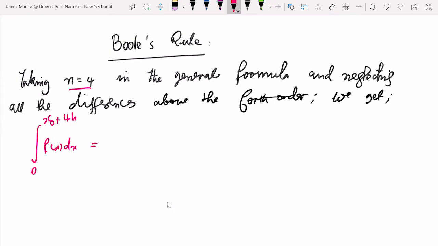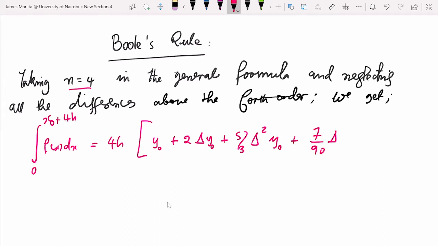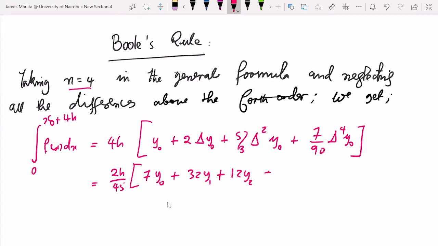This will be given by 2h over 45 times 7y0 plus 32y1 plus 12y2 plus 32y3 plus 7y4. You can verify this again when you build up the forward difference table to get to the polynomial.